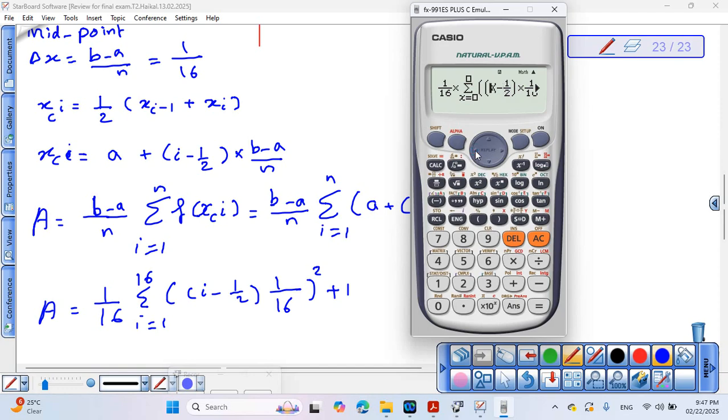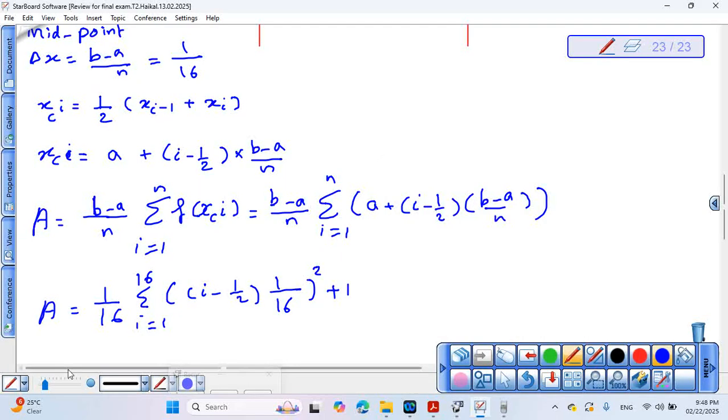Be careful about this. Open another bracket, close this bracket, square, plus 1, from 1 to 16. What is the answer? The answer is equals 1.33. That's right. A equals 1.33.